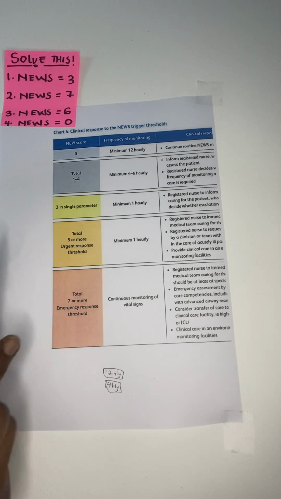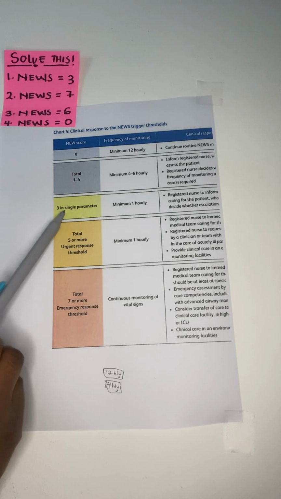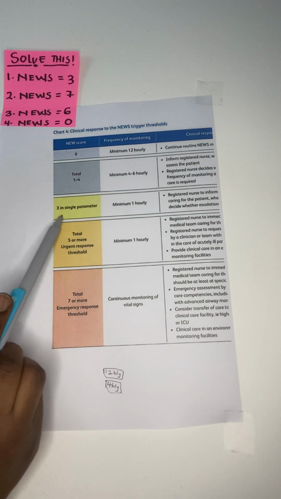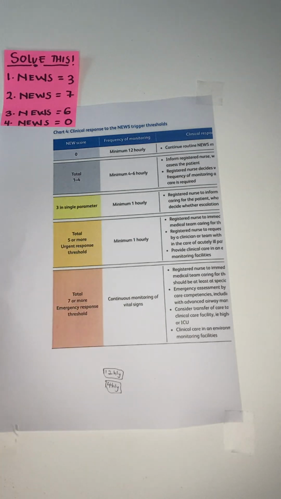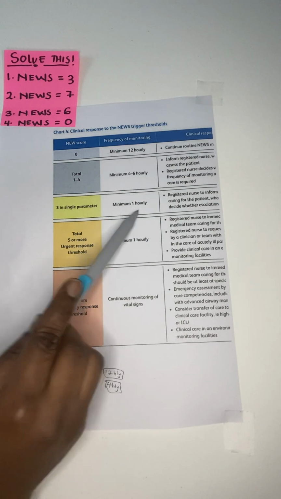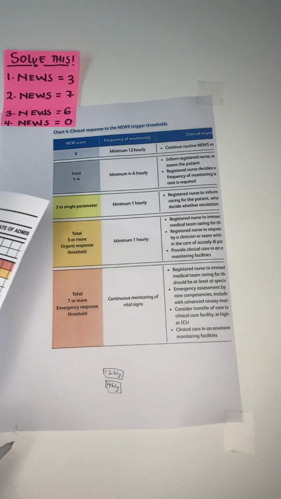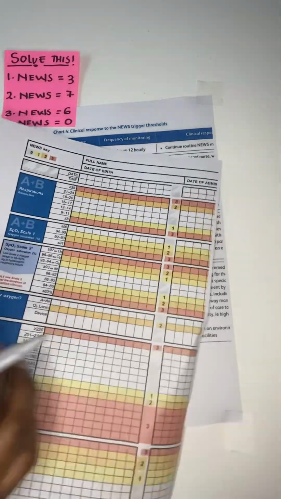All right, good. Now, if your patient has a NEWS score of 3 in one parameter, you are going to monitor the patient hourly. Let me explain this. You remember your total NEWS score on the NEWS 2 chart.